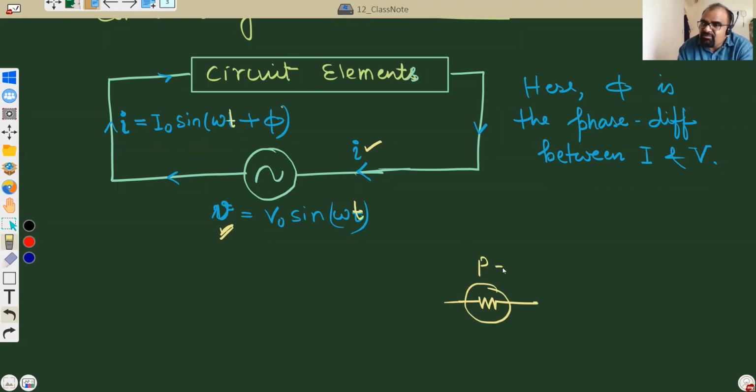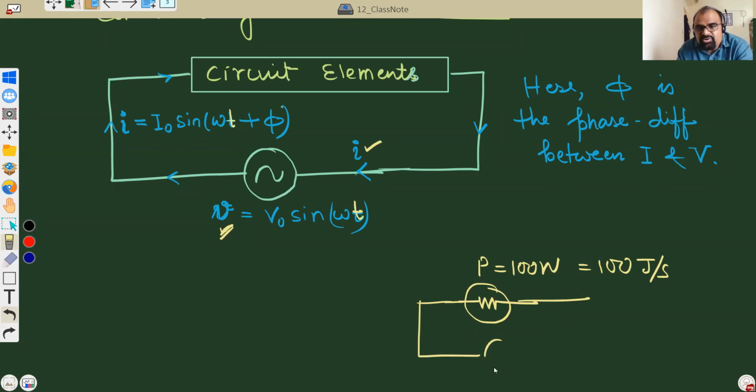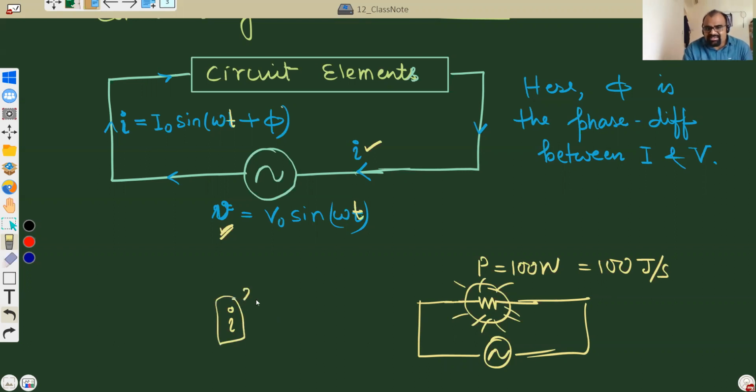And suppose its power was 100 watt. It means in every 1 second, 100 joule of energy is being generated in it. 100 watt means 100 joule per second. But the problem is when you connect it to an AC source, the power generated in it will be different at different instants, because current will not be constant. So I square R will also not be constant.